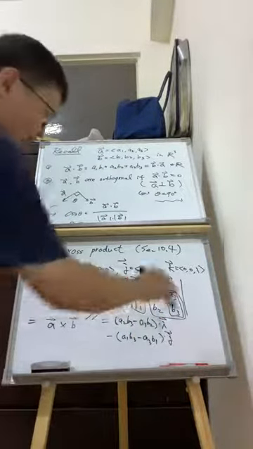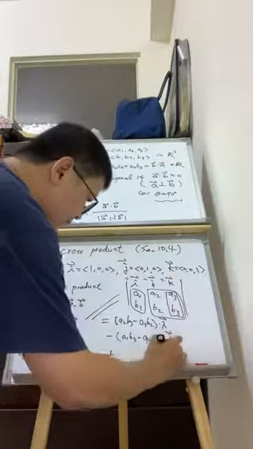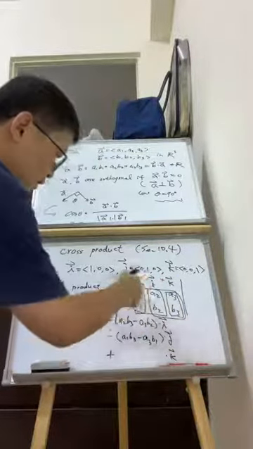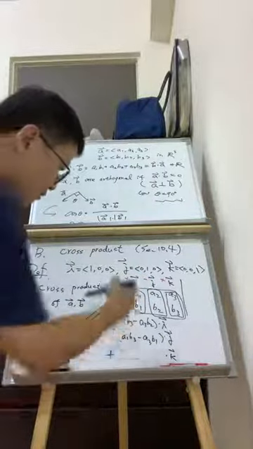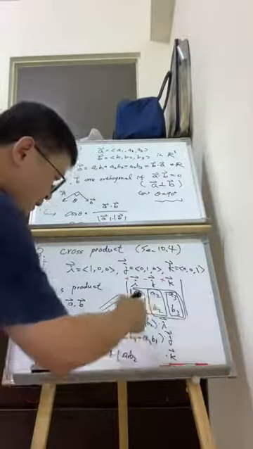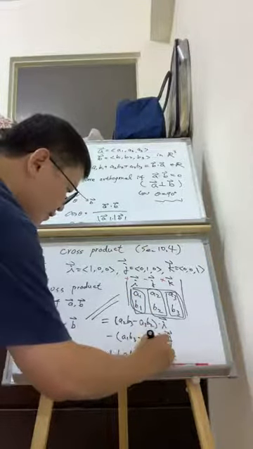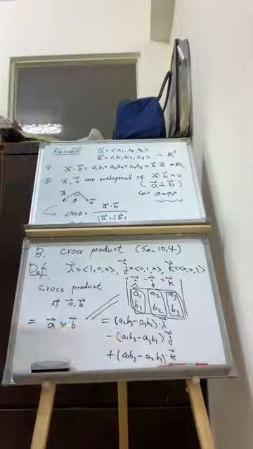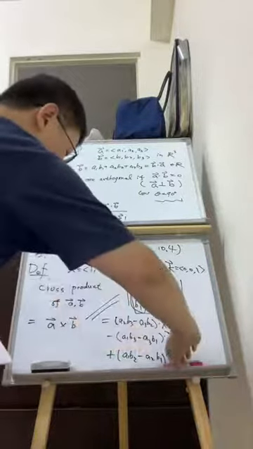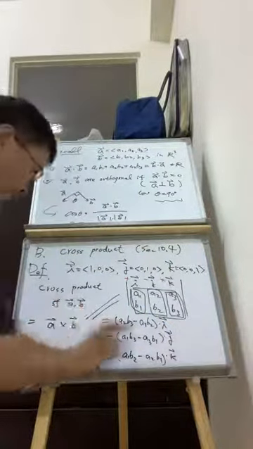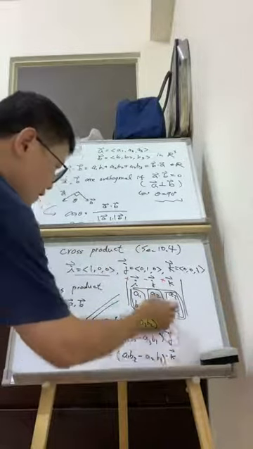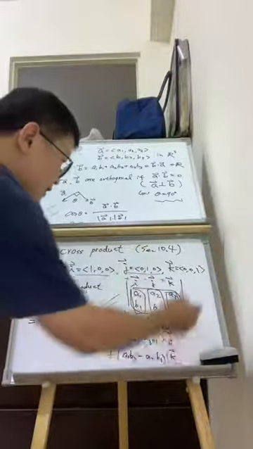The last one is plus k, and we consider this 2 by 2 submatrix's determinant, so it's A1 B2 minus A2 B1. Exactly, we could write this down: i is (1, 0, 0), j is (0, 1, 0), k is (0, 0, 1).